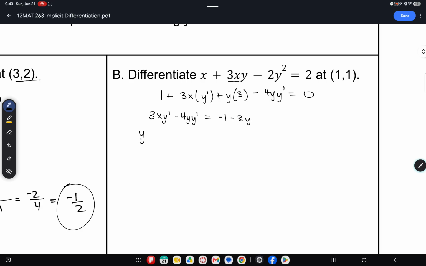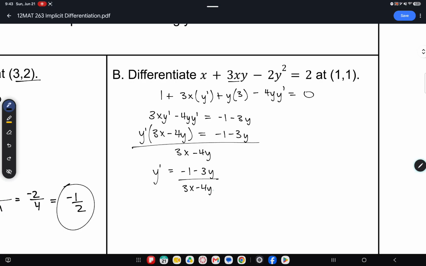Then I can factor out y prime, left with 3x minus 4y. And then I can divide both sides by 3x minus 4y. So y prime is negative 1 minus 3y over 3x minus 4y evaluated at 1, 1.